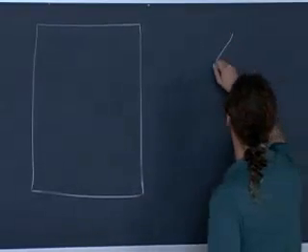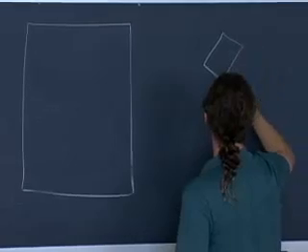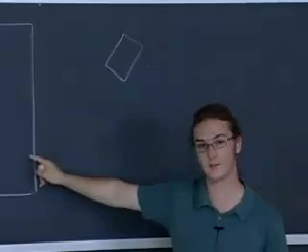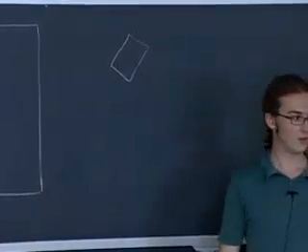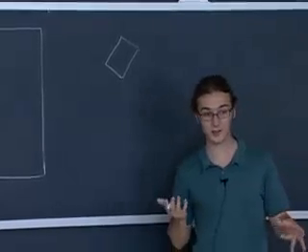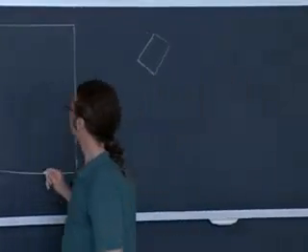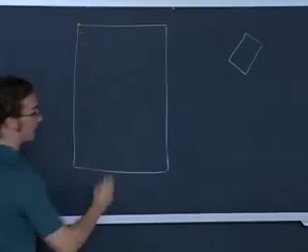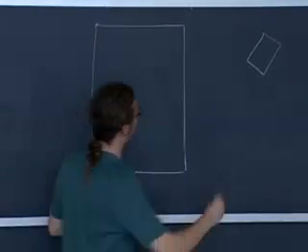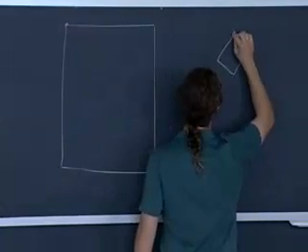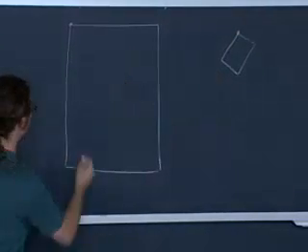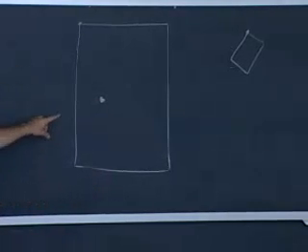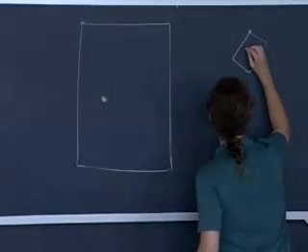Say we had a coordinate transformation between this rectangle and this rectangle. It's a function on a point, a two-dimensional point. So say you had the point right here. You apply this transformation to the point, and what you get is this point here.